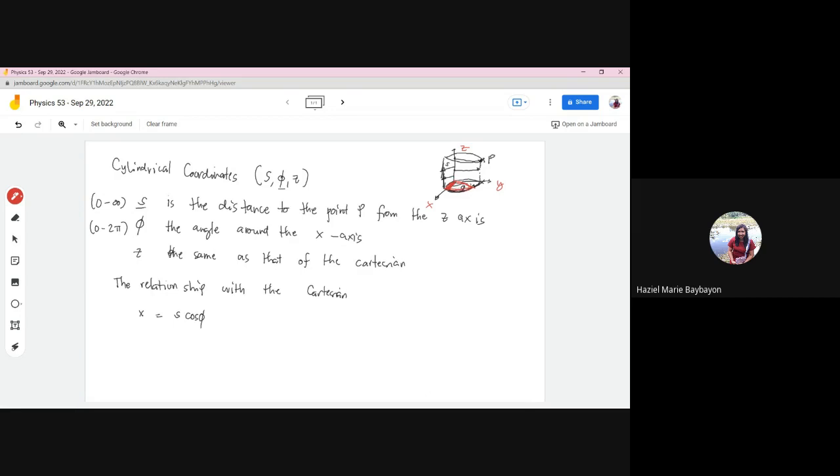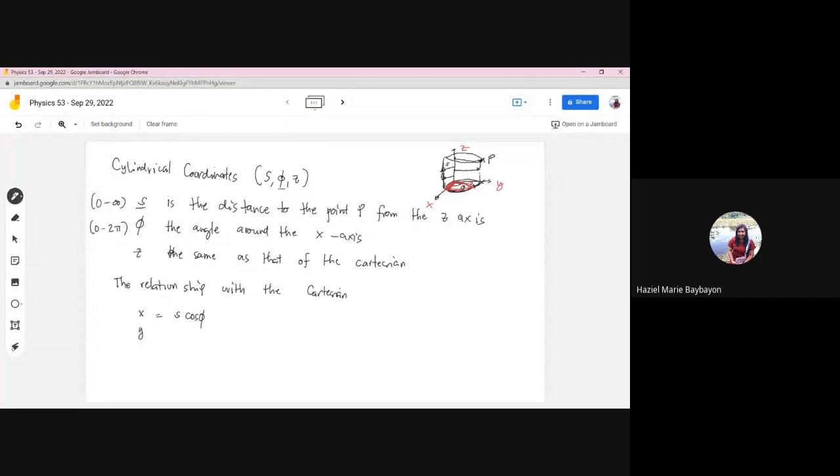Kini siya, this is equal to S. So again, any point gikan sa z-axis padulong sa body sa imong cylinder, sa ganina siya, S ang iyang length. Okay, therefore, kining X is equal to S cosine phi.